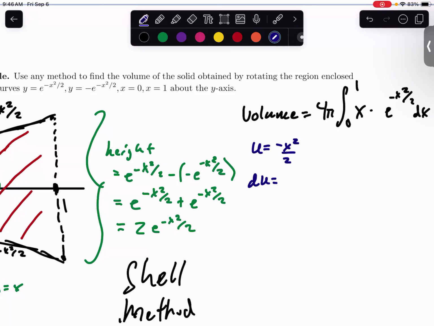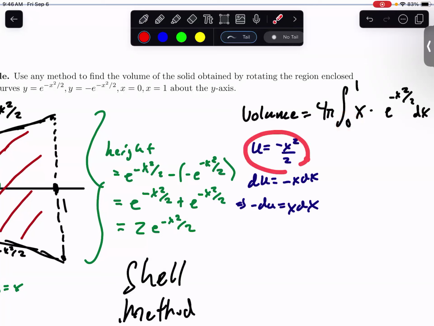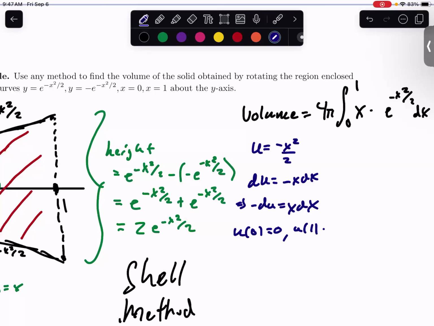Then du is equal to minus x dx, which is really the same as minus du is equal to x dx. And we're changing the limits of integration, right? If we're using u substitution, we should be plugging in. u of 0 is just equal to 0. If you do u of 1, this is equal to minus 1/2.